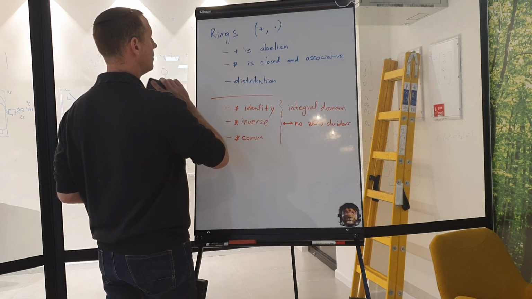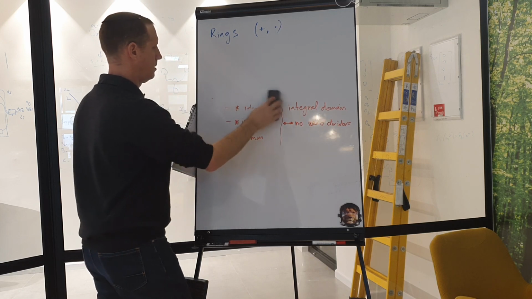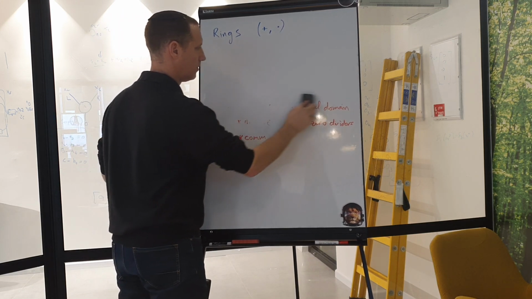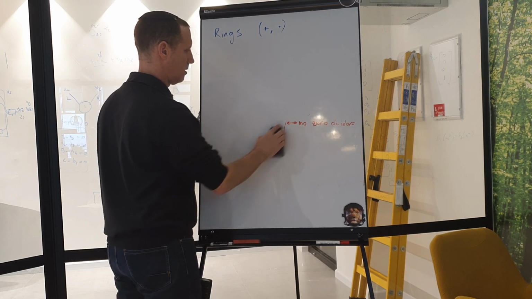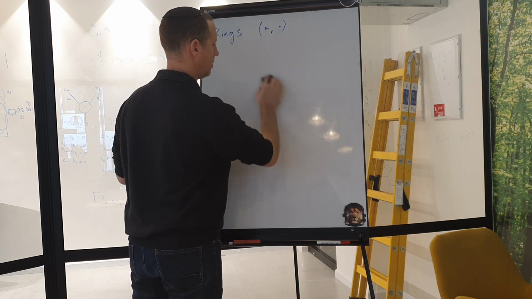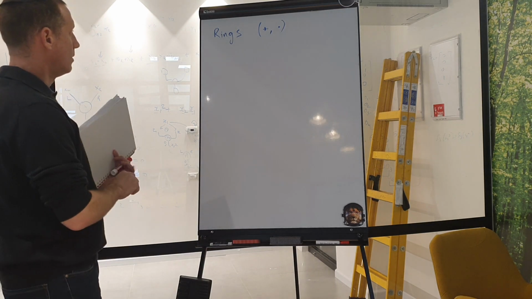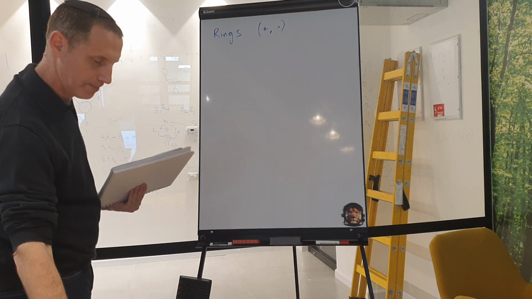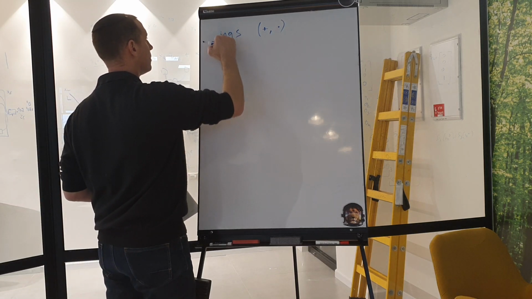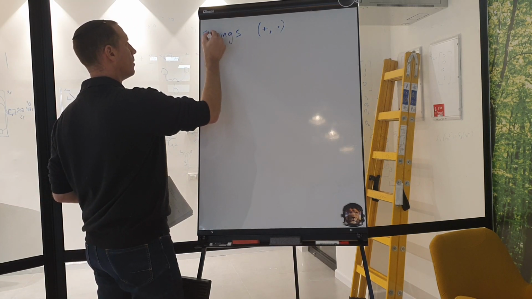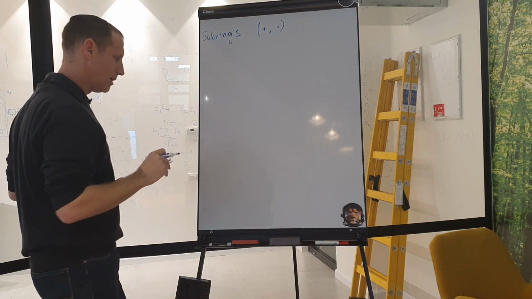Okay, so maybe I'll just erase this. We'll reuse the top. So if we now go to subrings, it's become pretty noisy.